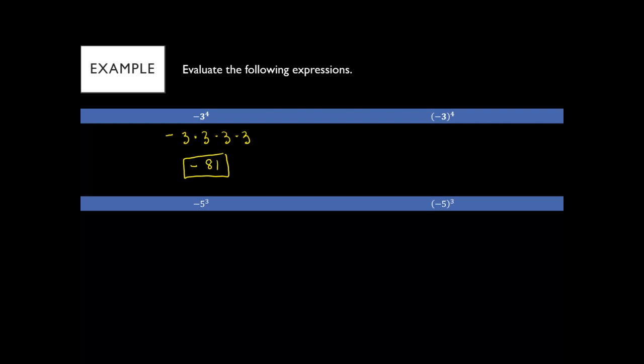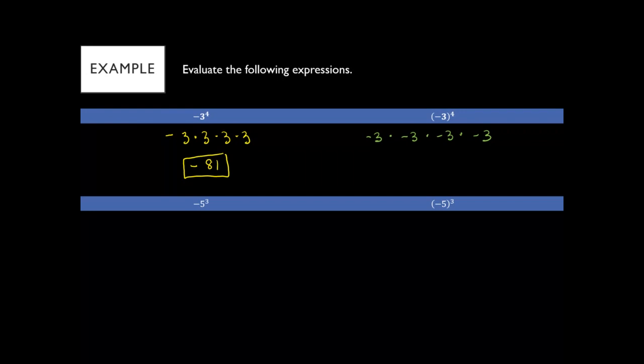Now on the right, the negative is in parentheses. So this is equivalent to a -3 times a -3 times a -3 times a -3. So see the difference. On the left, it was 3 to the 4th power, and then we had a negative there. But on the right, it's -3 to the 4th power. So you're multiplying -3 4 times.